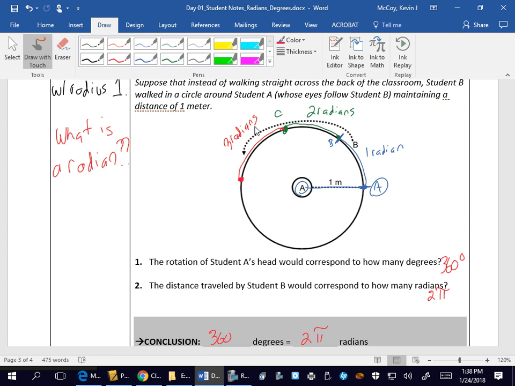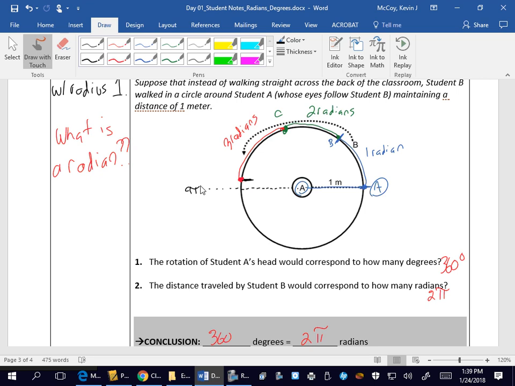What you should notice, because I didn't finish it, is that if I went backwards from A out to here, that would be halfway around the circle. Well, I've gone 1, 2, 3 radians to get to this point right here. We should realize that if the full circle is 2 pi, then half of a circle would relate to pi radians.